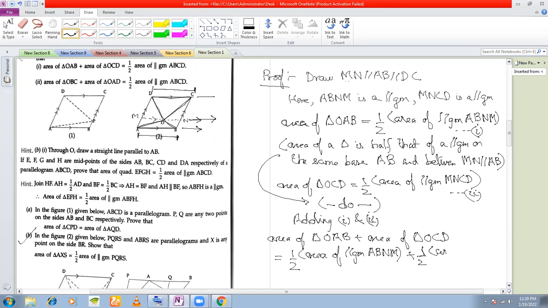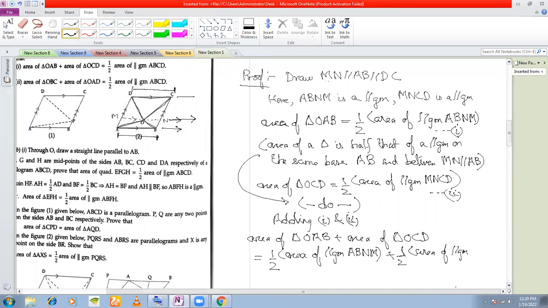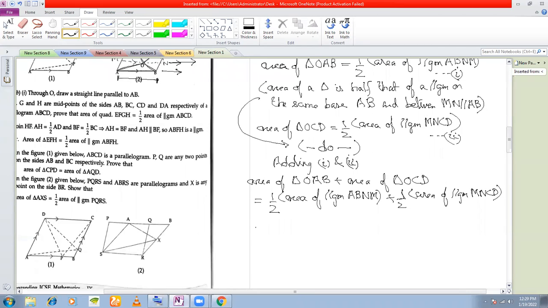Will I get this or not? Yes. If you take half common, I'll get half of area of parallelogram ABNM plus area of parallelogram MNCD.